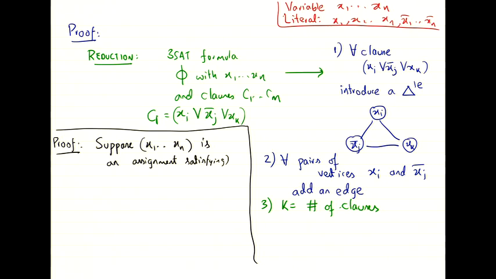Then I need to show you an independent set. So what is the independent set? Well, it's just going to be the following. In every clause there exists at least 1 true literal.